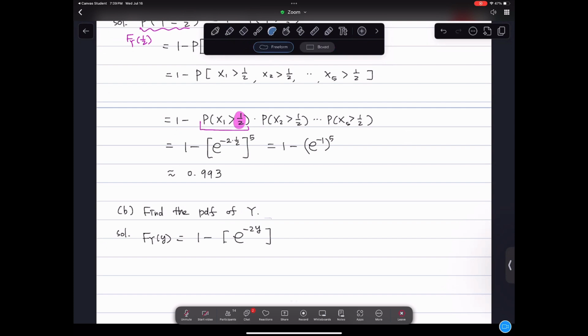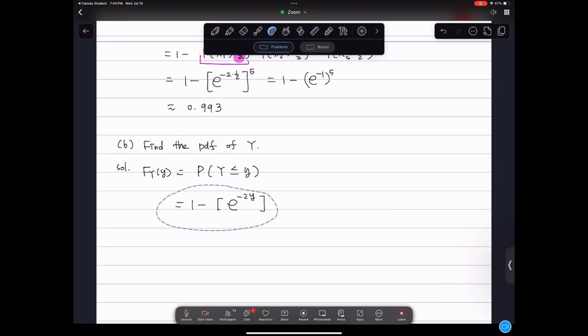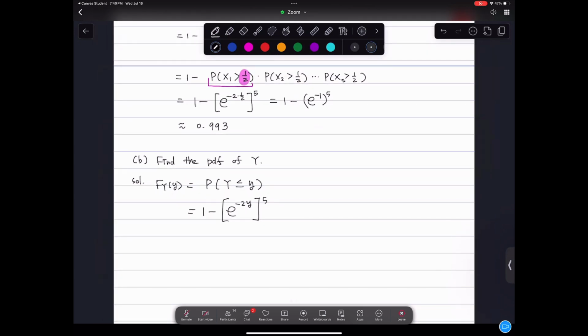If it's easier, you can go through this as the probability that your Y is less than or equal to some number Y, which equals this. Then I have to get it 5 times. So e to the power of this is one of those, and I have 5 of those.